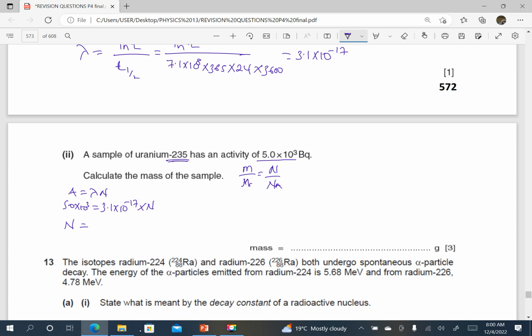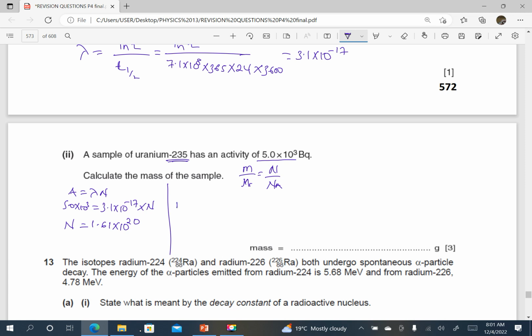I just divide both sides to find N. So I'm getting N as 1.61 times 10 power 20. That is N. So I can now go back and substitute in this formula here and find the mass.